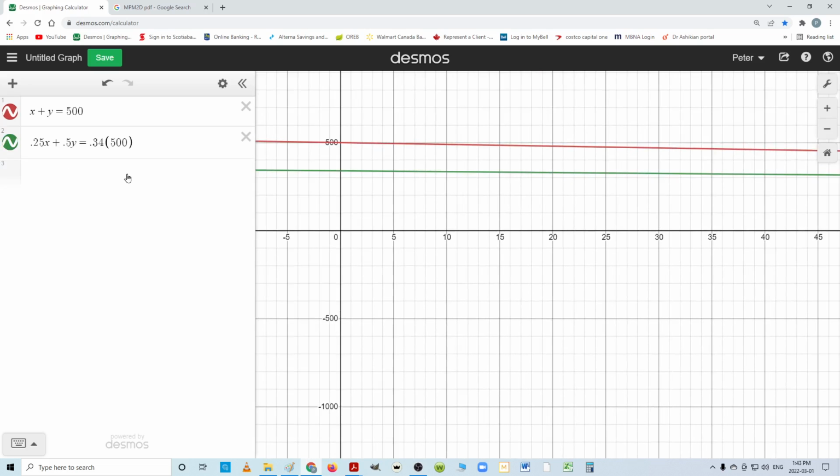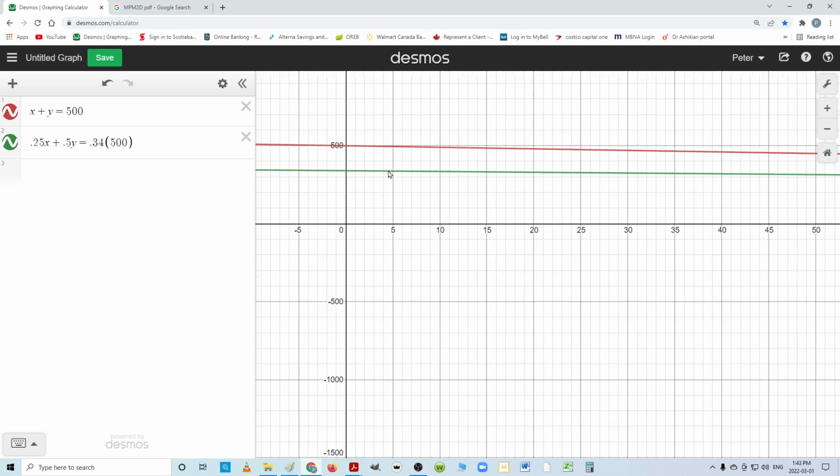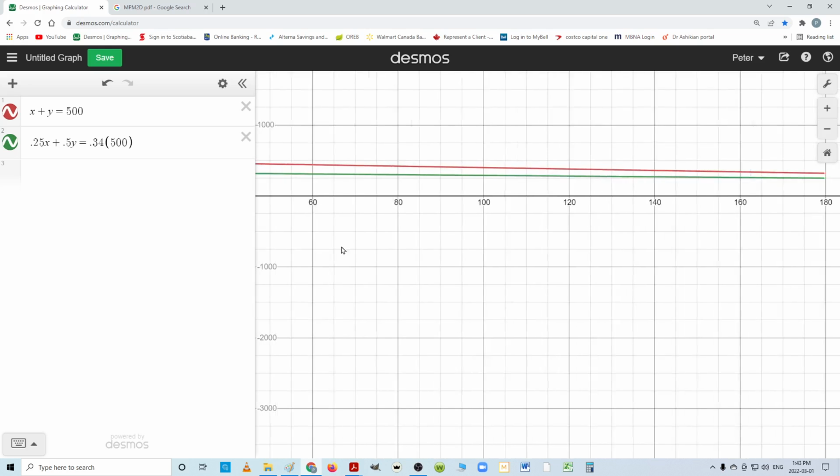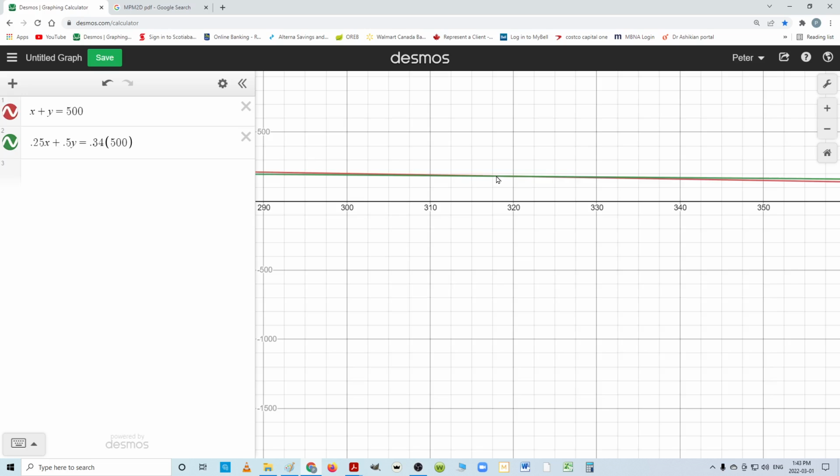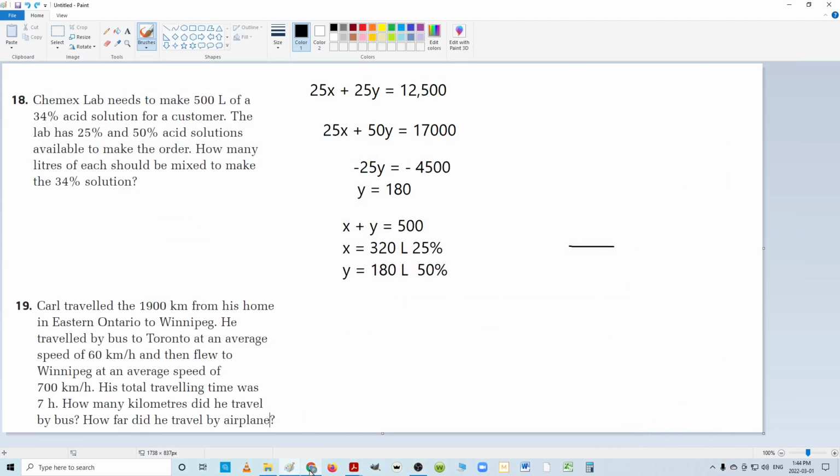Where are they going to meet? There it is. So they meet at 320. So it's 320 of x and 180 of y. Yeah, I got it. 320 of x and 180 of y.